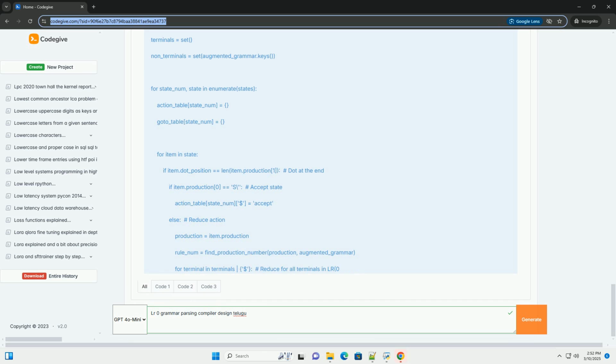If an item is A → alpha . B beta, where alpha and beta are sequences of symbols, and B is a non-terminal, then add all items of the form B → . gamma, where gamma is the right-hand side of any production rule for B, to the closure. Repeat this process until no new items can be added.